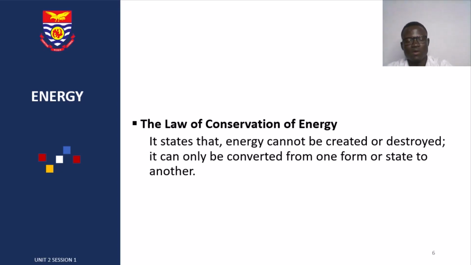We can convert potential energy. We can convert energy from so many forms to another. All you need to understand is energy cannot be created nor destroyed. So the law of conservation of energy says that energy cannot be created nor destroyed. It can only be converted from one form or state to another.